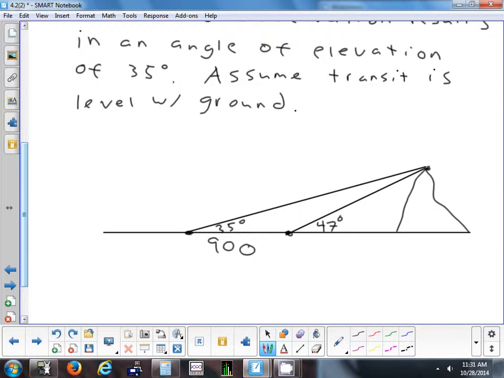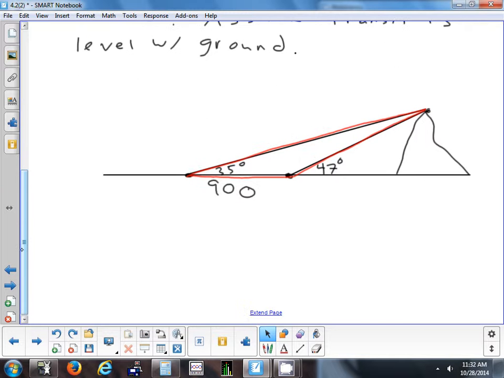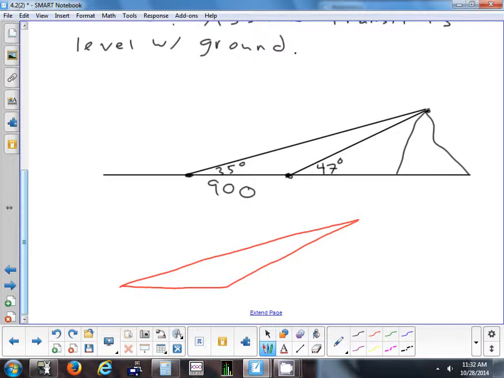So now I basically have a triangle right here. Instead of looking at it as a word problem, let's just look at this triangle now and solve it. This side's 900. This angle is 35. Problem is I need another angle in the triangle.